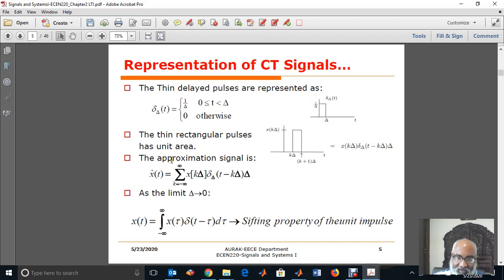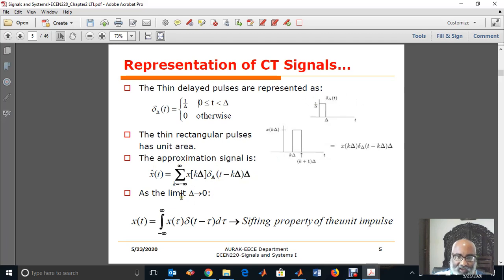Overall, the previous continuous time signal can be approximated by the summation from k equals minus infinity to infinity of x of k delta times delta sub delta of t minus k delta, the delayed pulse, multiplied by the time step delta.